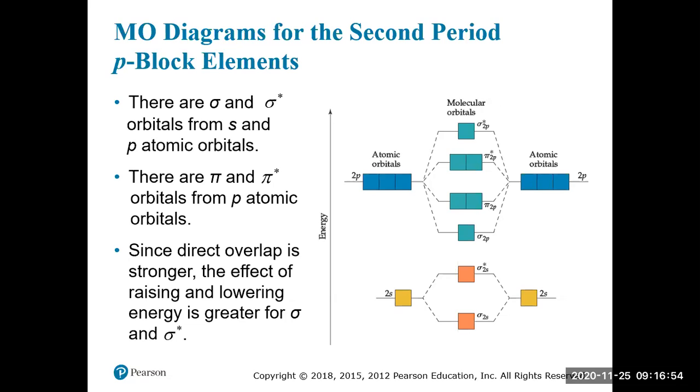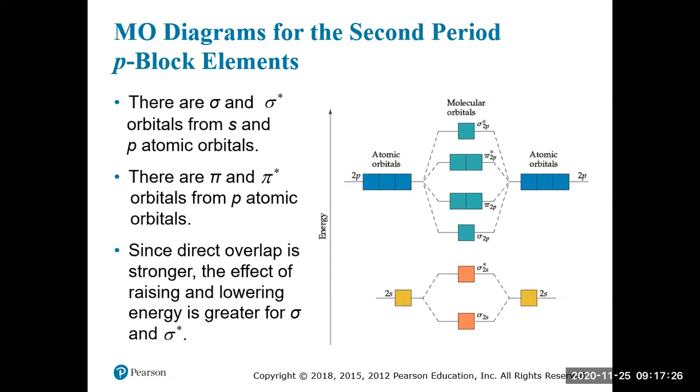Then we would have the 2p orbitals. In terms of the atomic orbitals, those are degenerate, so we're drawing those as the same energy level. We have 3 of those on each side for each of the atoms. But then when we have the molecular orbitals, the way that energy fills is sigma 2p, then the 2 pi orbitals.